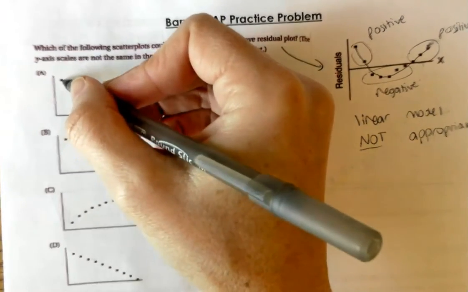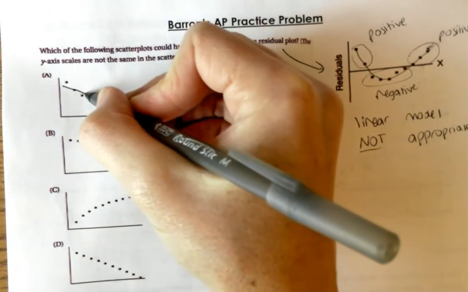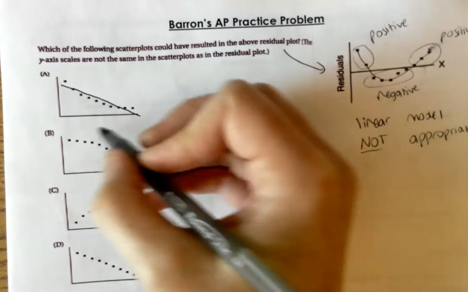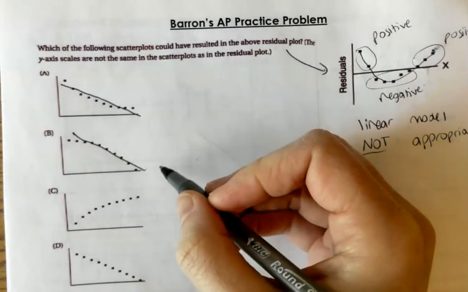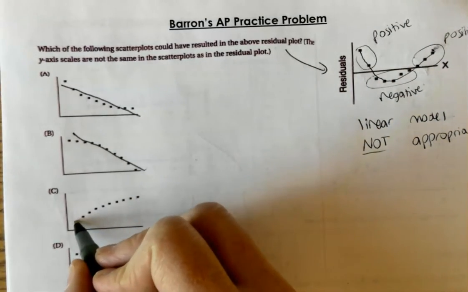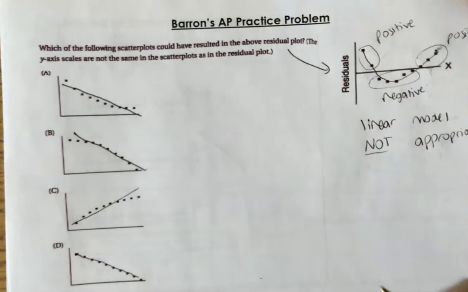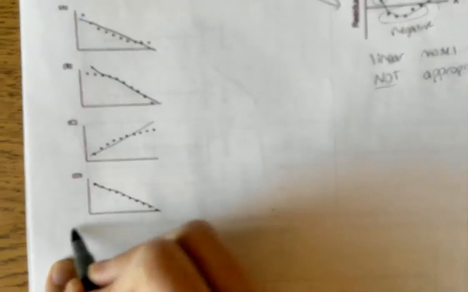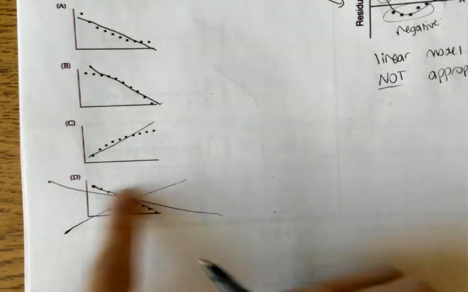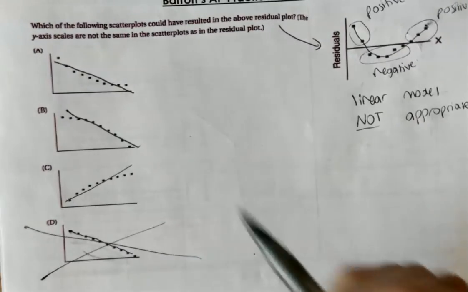So let's see. Alright, a linear model is definitely appropriate for D, right? And we know based on our residual model that this would result in a perfect residual plot, so it can't be D. This would result in a random residual plot.